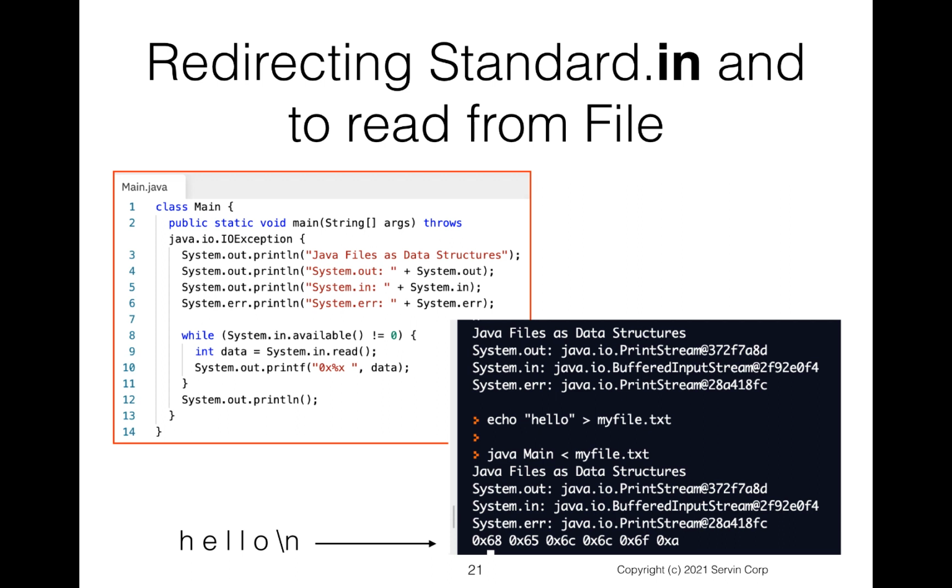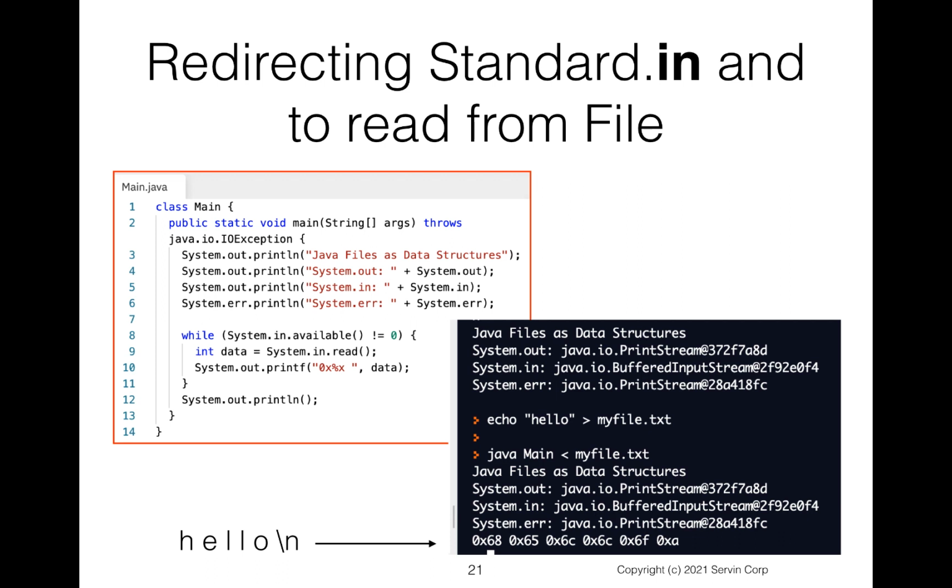And in fact, notice we print out, just like we did previously, the standard output and the standard error. But check this out, in hex we see hex 68, hex 65, hex 6C, 6C, 6F, and 0xA, which of course is our new line character. So that was hello, and we actually pulled it in from this file.